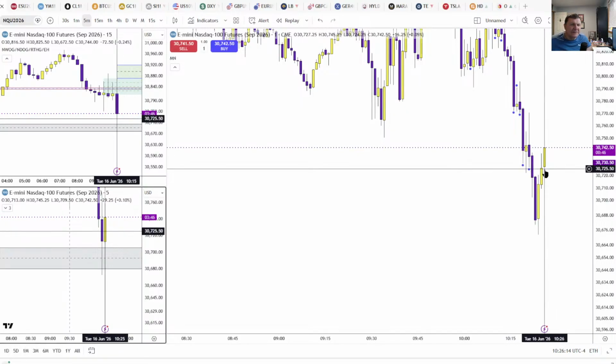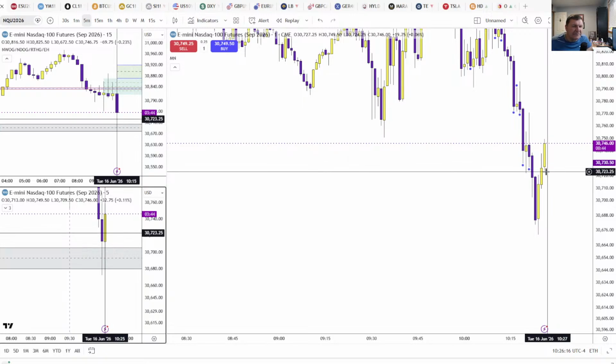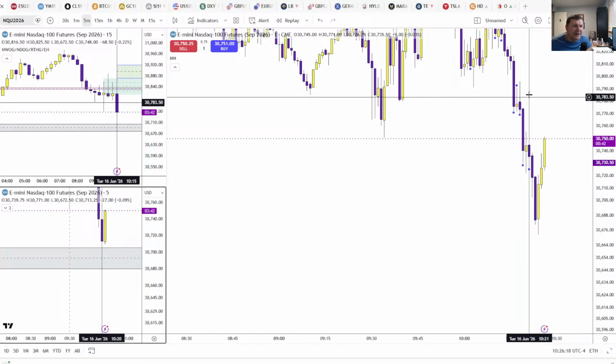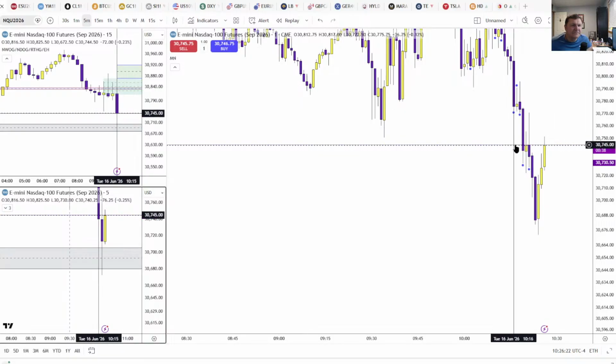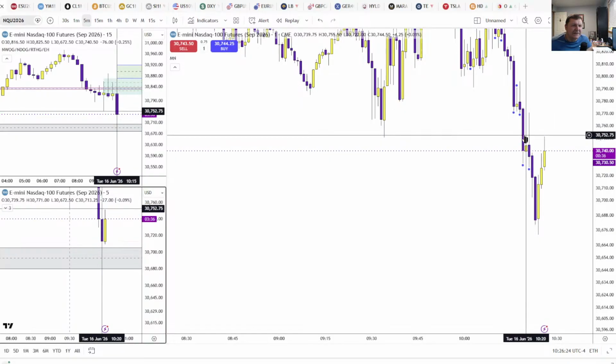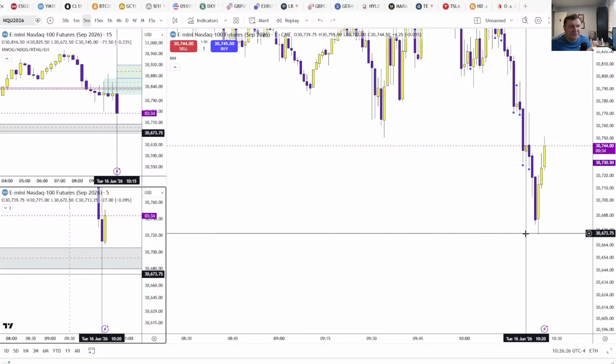So now you're looking at this spot right here. Now we've closed above it. We've retested it, going higher, and wait for this candle here to get taken to the upside, or we got more downside.